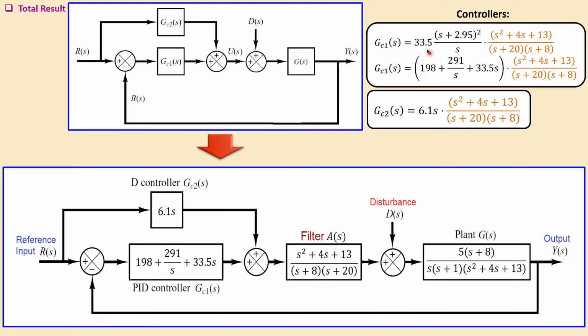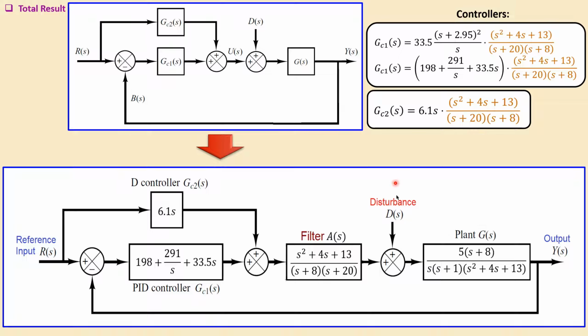Using the controller 1, you can use this configuration, which is the PID, and then in cascade this, but since this is the same for the controller 2, which is shown here, you can also bring this filter outside and add the controllers up first without the filter, and then multiply by the filter. That will give you the exact same result.